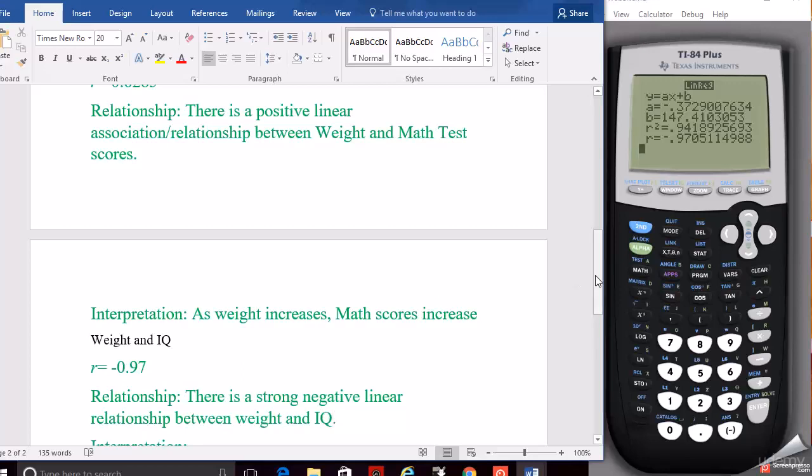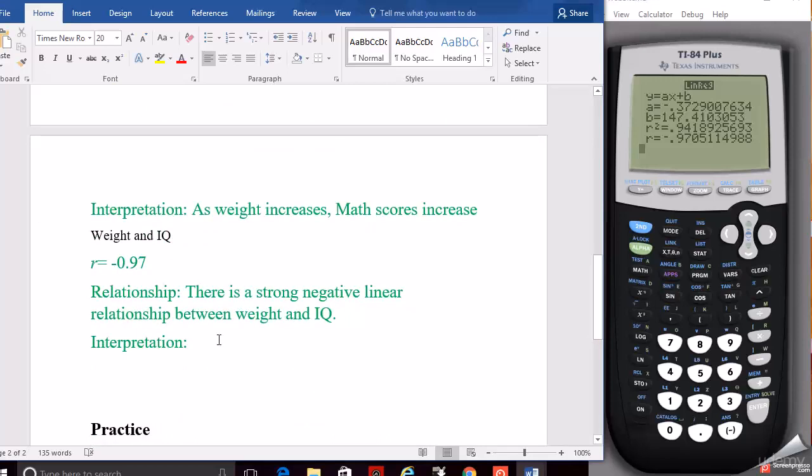And then the interpretation: as weight increases, IQ decreases, because it's a linear negative association. As one increases, the other decreases.